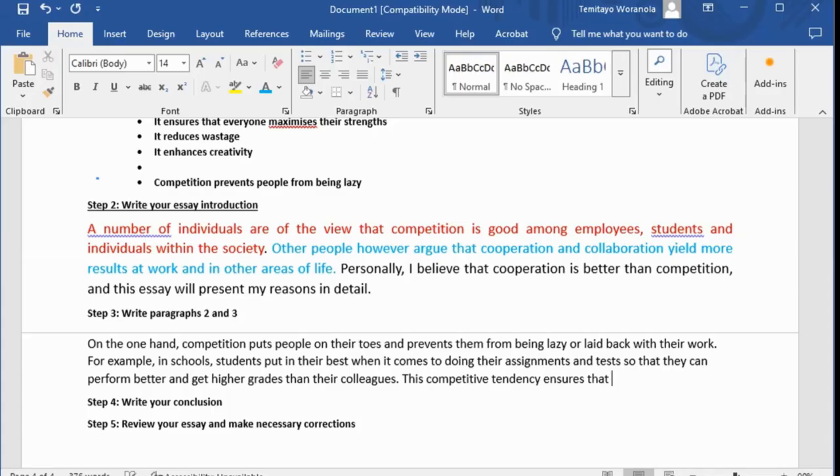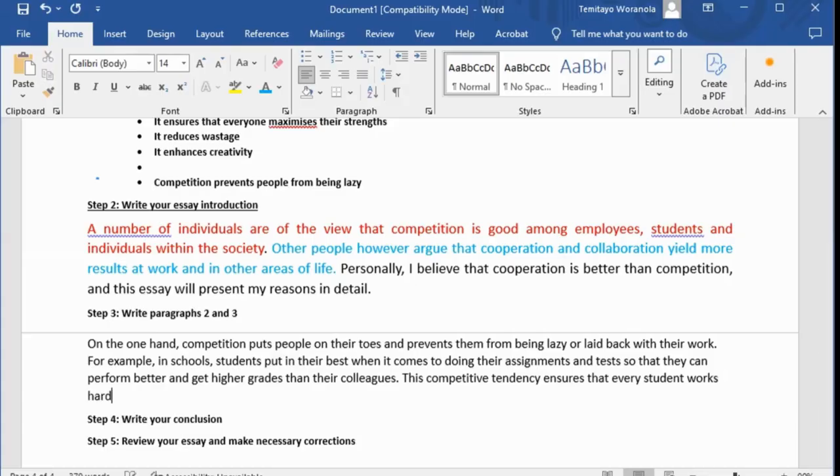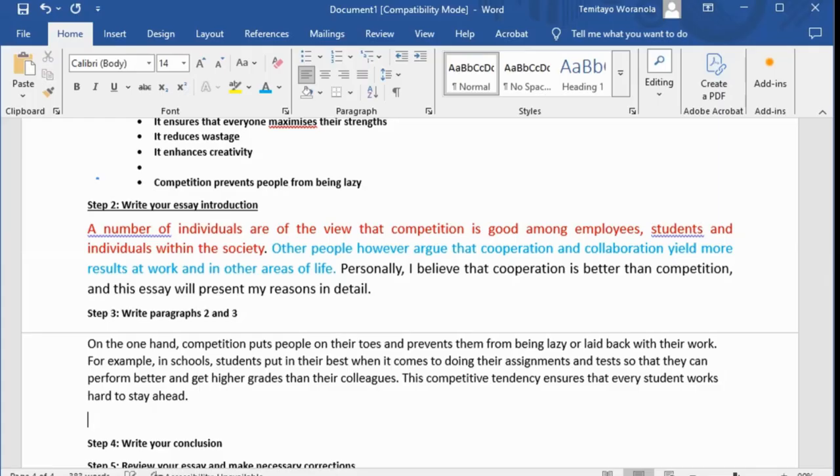Ensures that every student puts in, let me see. Every student works hard. I don't want to say puts in again because I wrote put in here already. Can you see vocabulary now? Ensures that every student works hard, okay, to stay ahead. Can you see? I'm talking about competition.